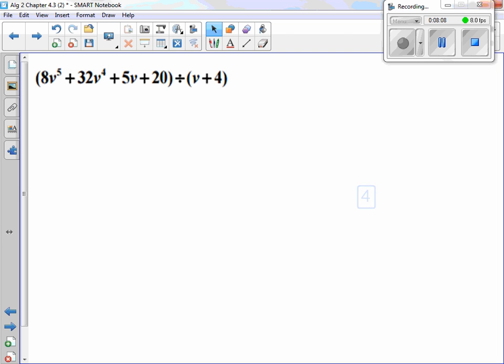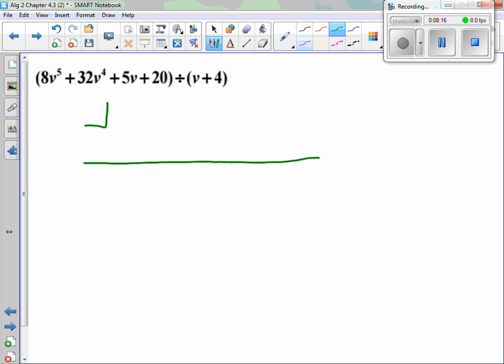Let's look at this one here. All right. I'm going to start off by drawing my cubby hole and the line. So let's find out what goes inside the cubby hole first.